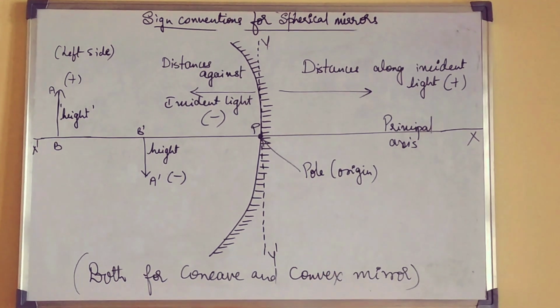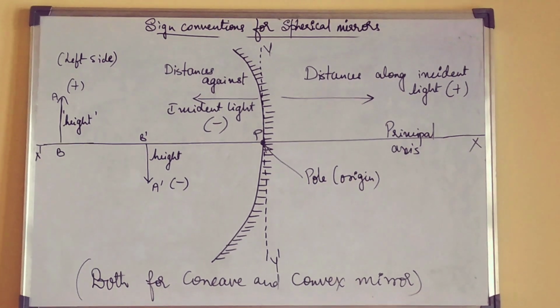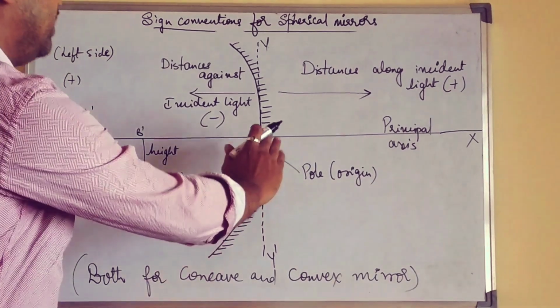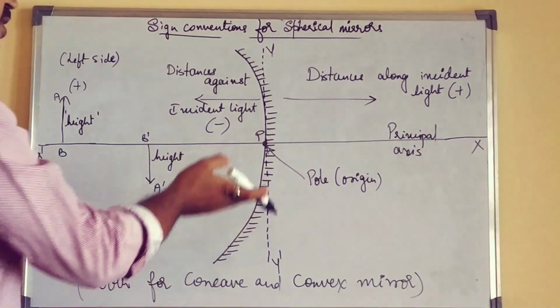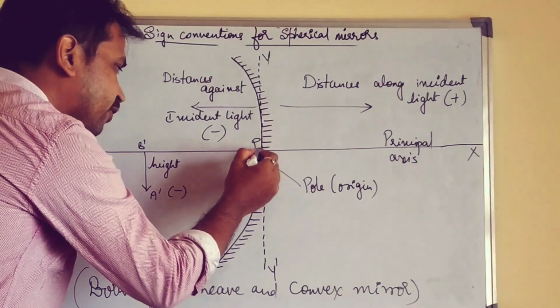Third one, all the distances measured parallel to the principal axis are measured from the pole. Whatever distances you are measuring parallel to the principal axis, both up as well as down, should always be considered from the pole itself.